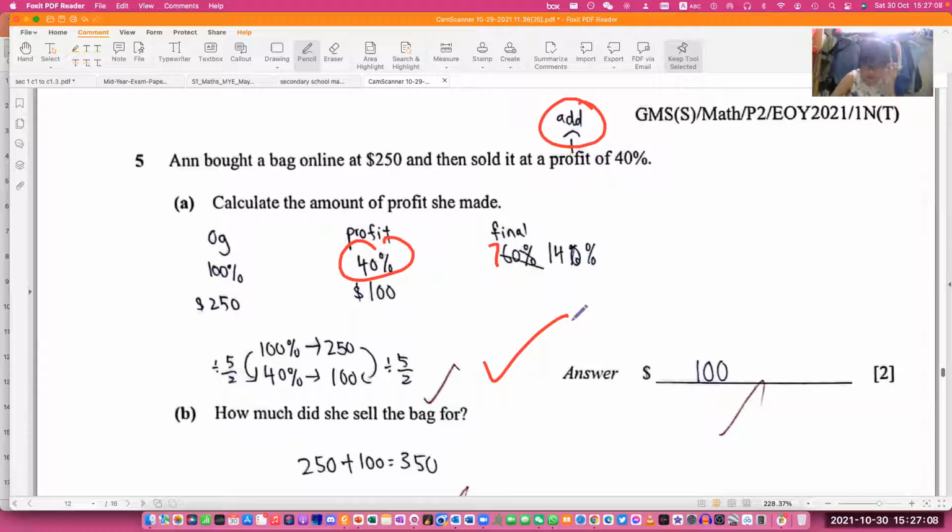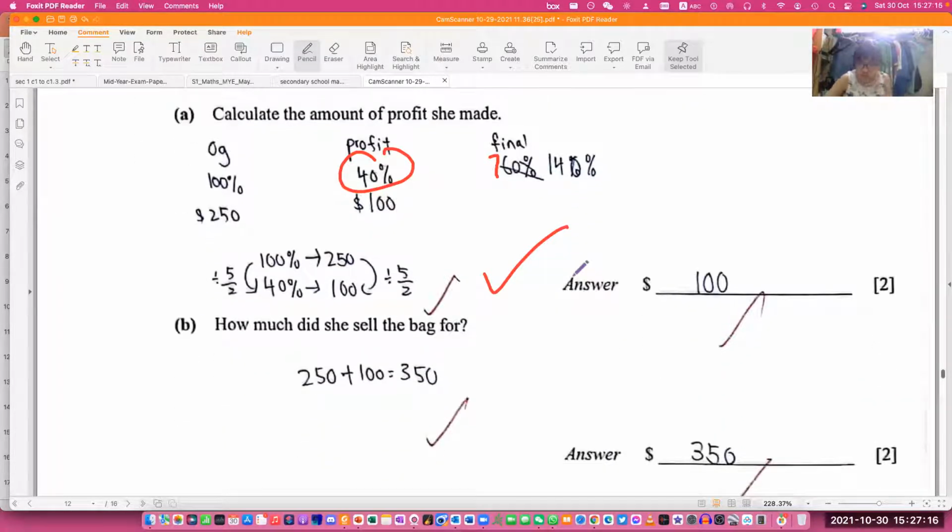Add. Discount? Minus. Yeah, very good. GST? Plus. Yes. Okay, so let's go for a 5-minute break. We come back and then we continue. Okay? Good. See you in 5 minutes.